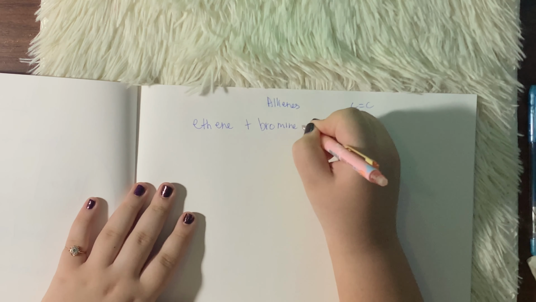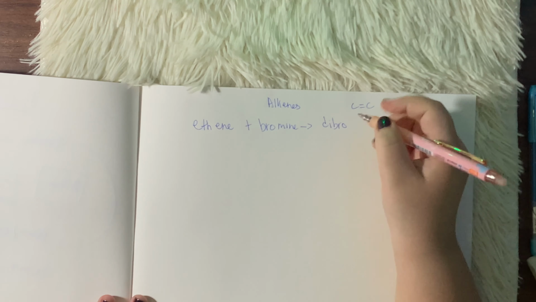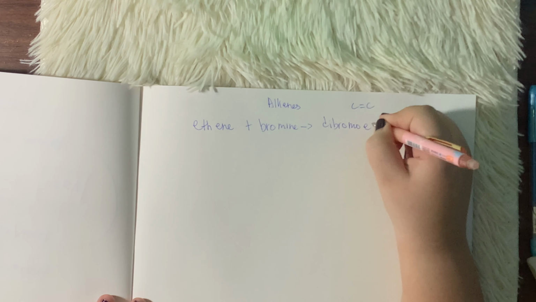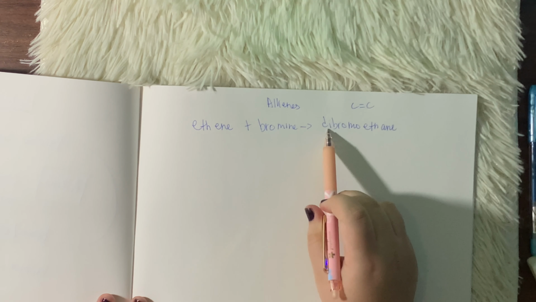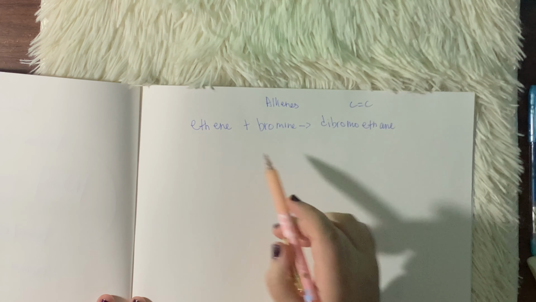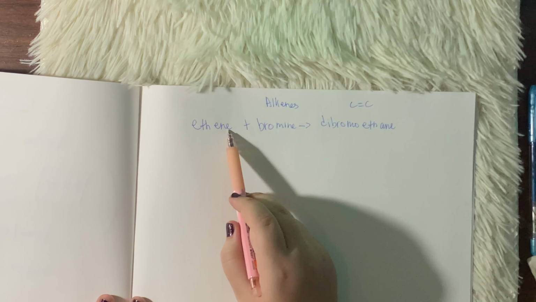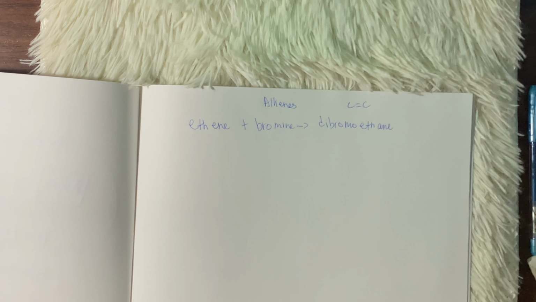Bromine gives us dibromoethane. Just remember this word, dibromoethane. It's ethane because of ethene. If you use methene, then it's methane. That's all you have to remember.